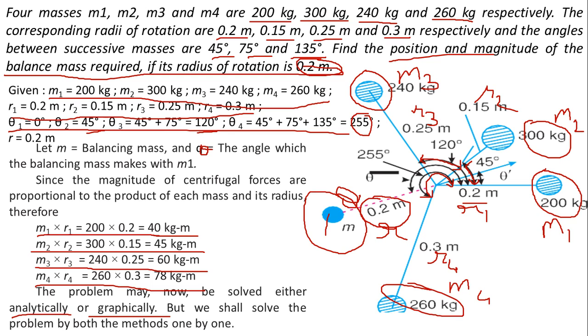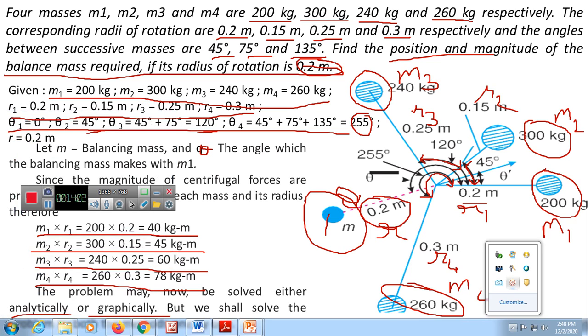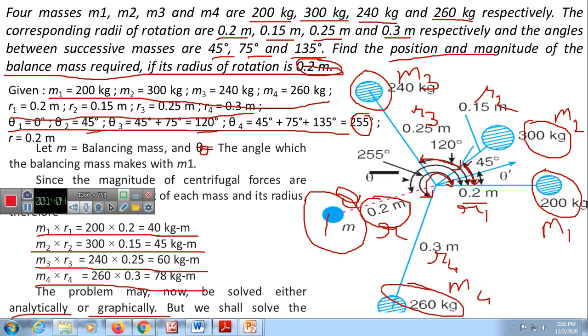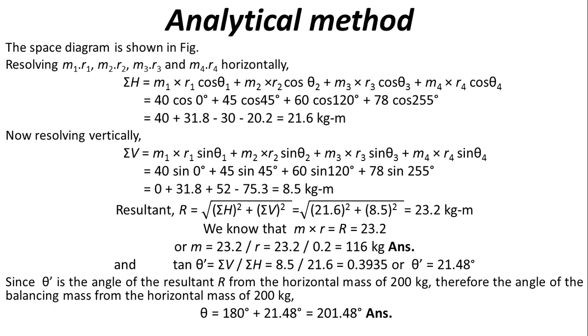Then I will tell you how to proceed. So m1 into r1, m2 into r2, m3 into r3 and m4 into r4. Okay, next the analytical method.